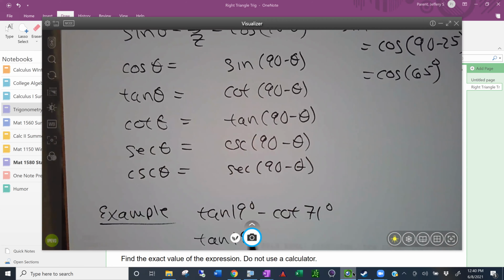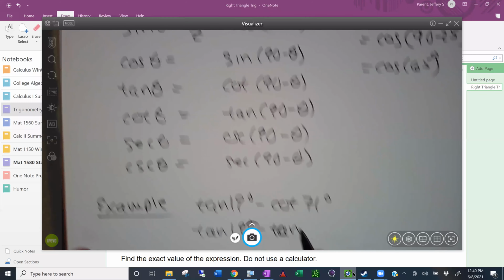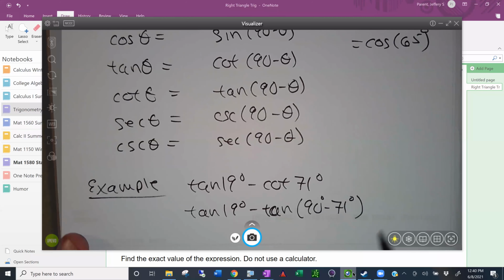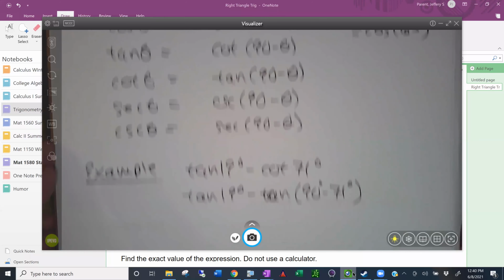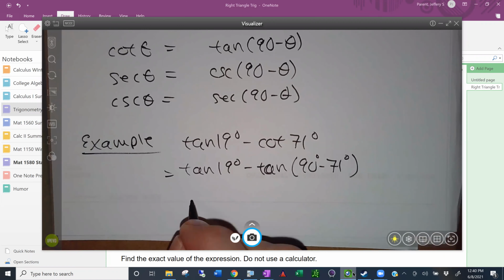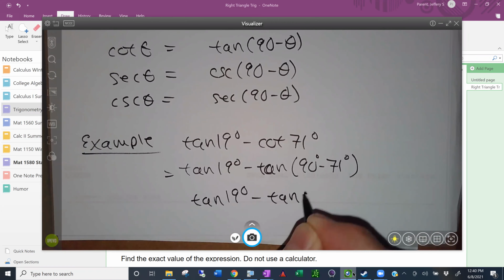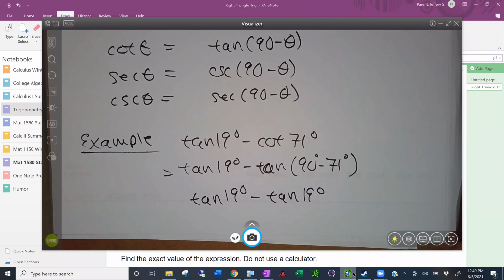Tangent of 19 degrees minus tangent of 90 minus 71 degrees. Tangent of 19 degrees minus the tangent of 19 degrees. Do I need a calculator to figure this one out? No. I'm hoping not. That's just going to be straight up 0.